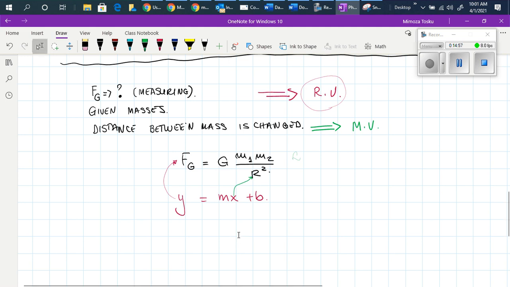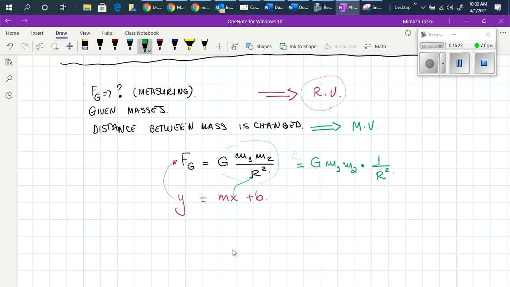Okay, good. Now, the question will be, what should I do now? If I take this formula and rewrite it in a different form, G m1 m2 times 1 over r squared, mathematically I'm doing nothing wrong here. I'm just multiplying two fractions, and this is a nicer looking form.